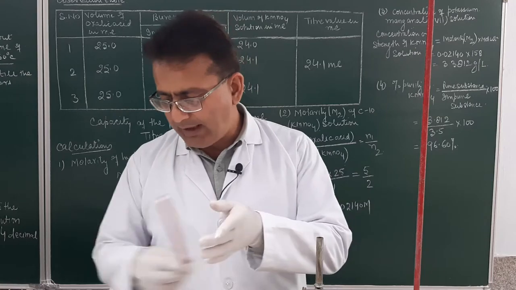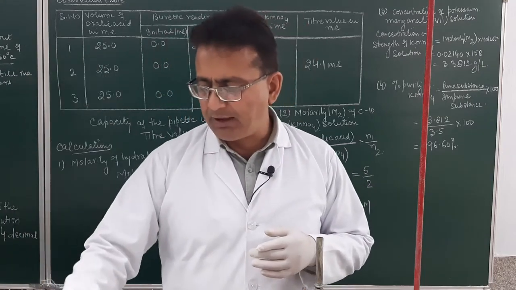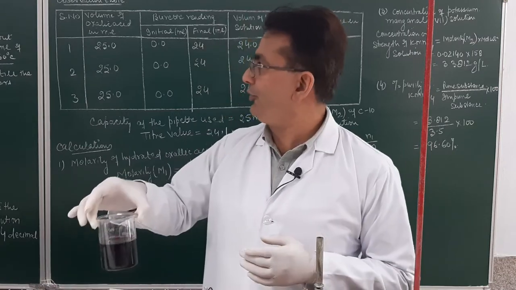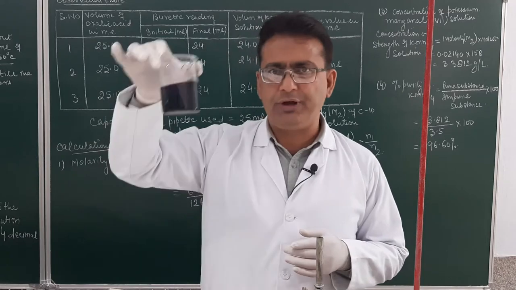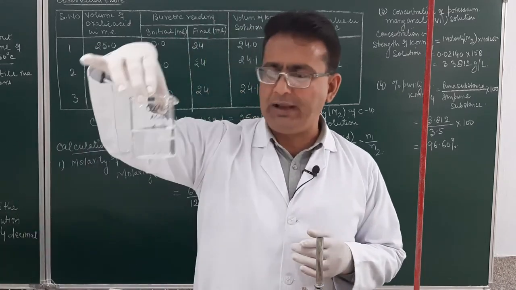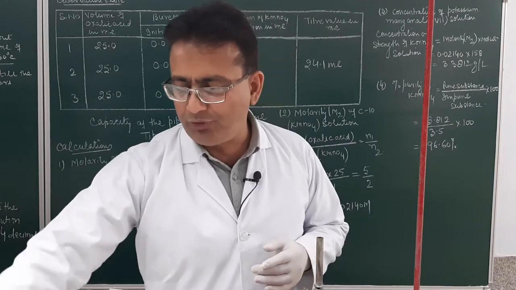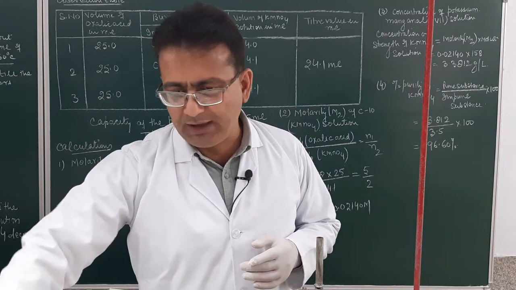Then we have a conical flask and three beakers containing KMnO4 solution, which is C10, oxalic acid solution, which is C11, and H2SO4 solution, which is C12. Am I clear? What is to be done?